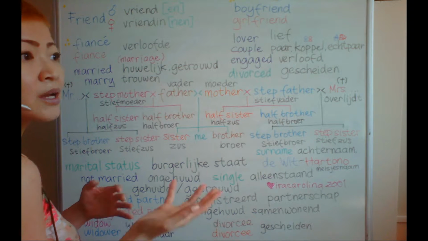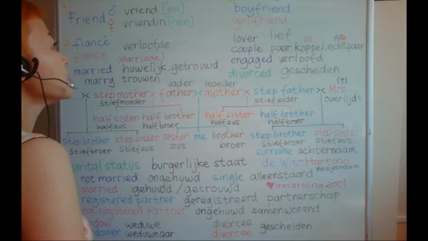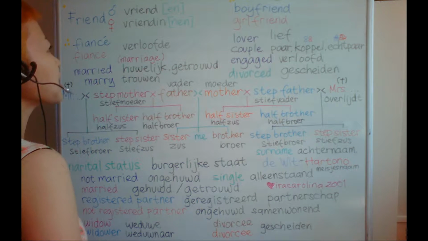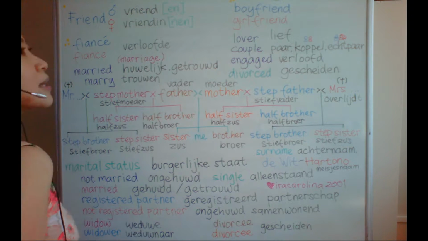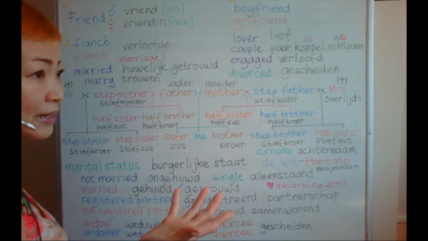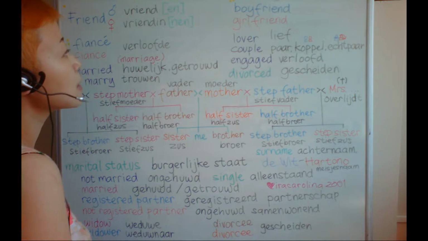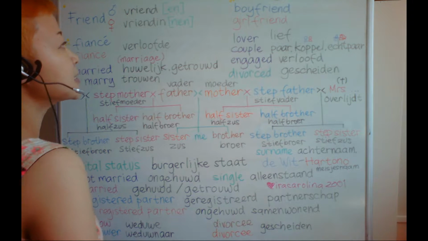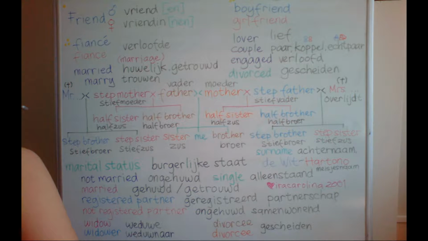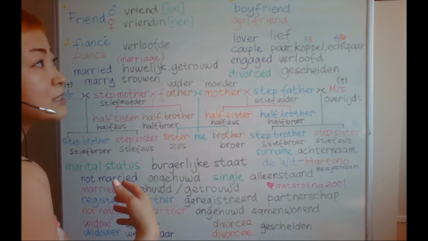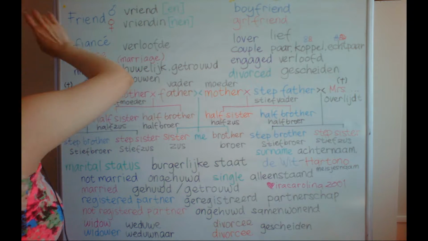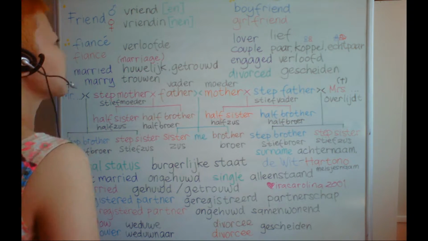It can be a male friend, and it also can be boyfriend. And if you hear vriendin, it can be a female friend, but it can also mean girlfriend. So they use the same words for a male friend and boyfriend, a female friend and girlfriend.